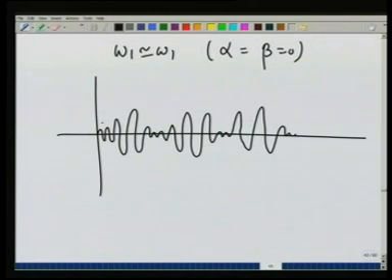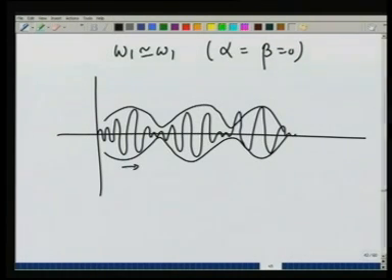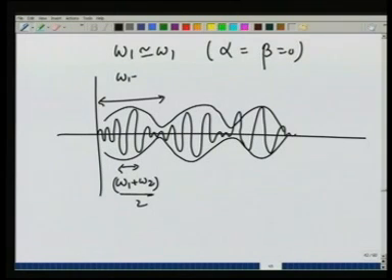So, the amplitude would be varying with time, and the frequency of oscillation would be roughly equal to omega 1 plus omega 2 over 2, and the frequency of change of amplitude will be omega 1 minus omega 2 over 2. I would like you to do this exercise yourself by adding the two solutions. So, this is like the phenomenon of beats.